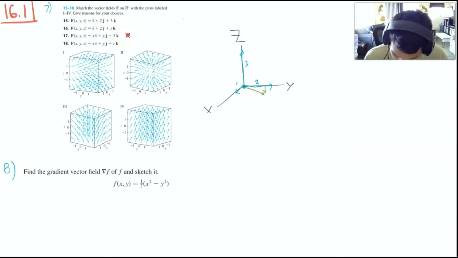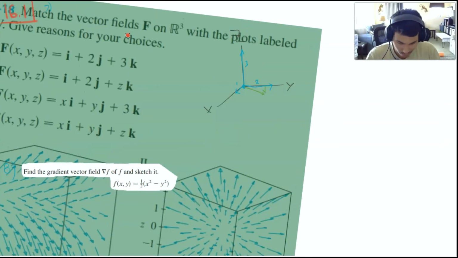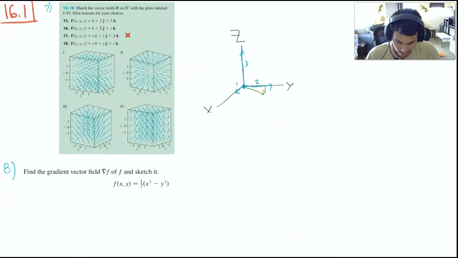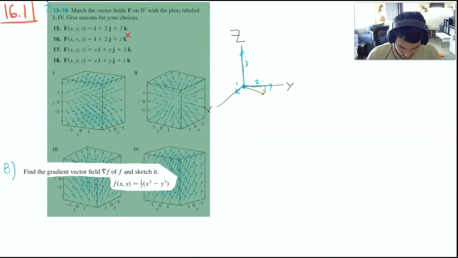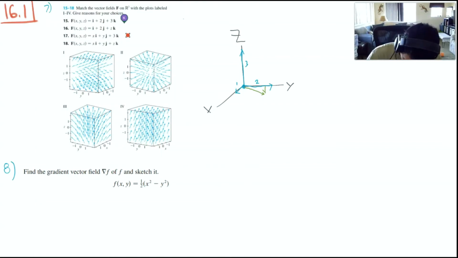So number 15, we'll match it with plot 4. Forgive the mistakes, something messed up on my screen. It's number 4.